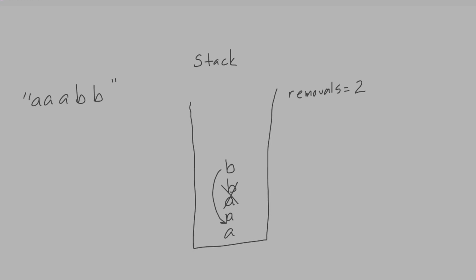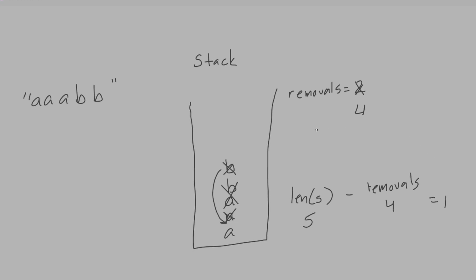So now again, we see there's a B here and an A here. And again, we can remove these. So we're just going to remove those and have 4 removals. Then at the end, we'll take the length of our string, length of S, which is 5, and we can minus our removals from it, which is 4, to get 1.